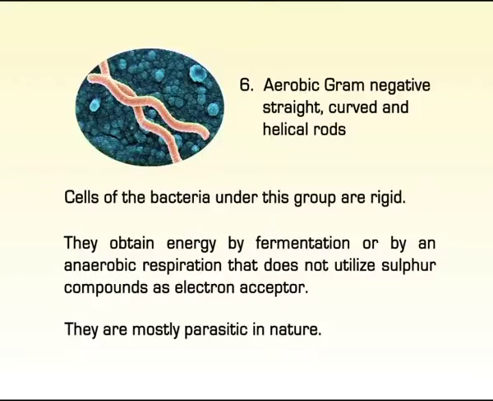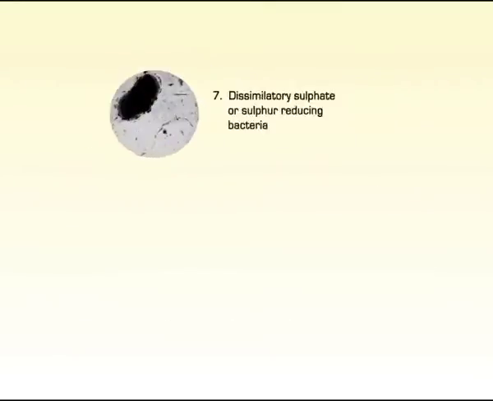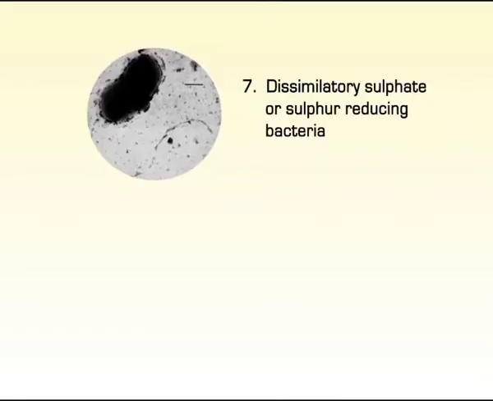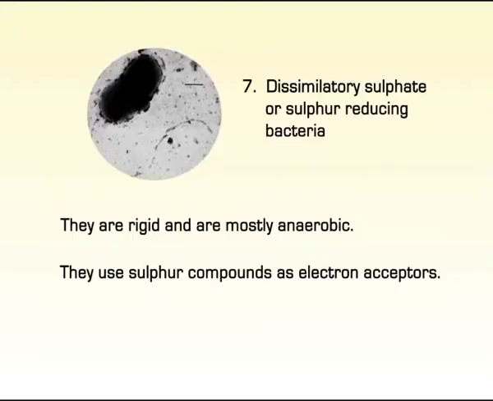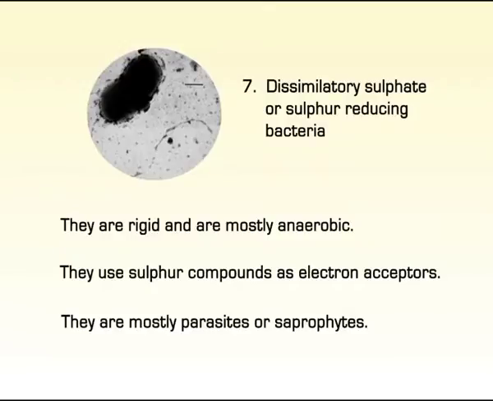They are mostly parasitic in nature. The seventh one is the dissimilatory sulfate or sulfur reducing bacteria. Bacteria under this are rigid and are mostly anaerobic. They use sulfur compounds as electron acceptors. And most of the bacteria under this are parasites or saprophytes.